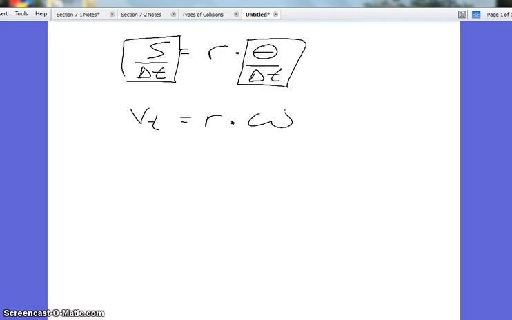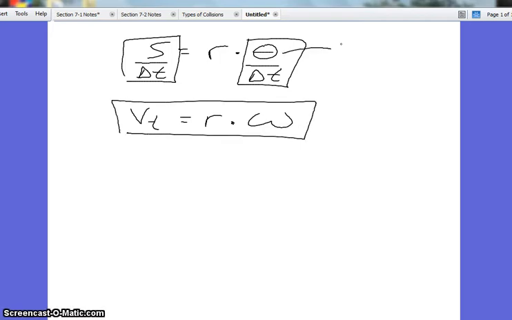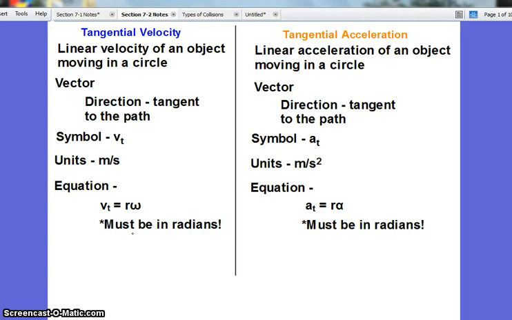However, in order to derive this new equation, we had to use this one, which we had to be in radians. So therefore, our new equation, we have to be in radians as well. So that's why when we use this equation, we must always be in radians. This tangential velocity is the radius times the angular velocity.